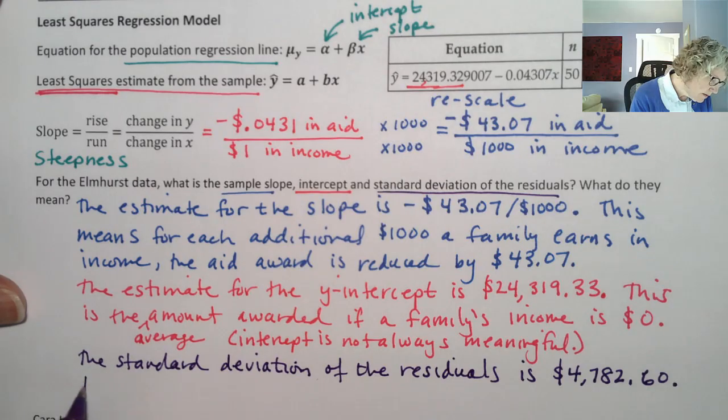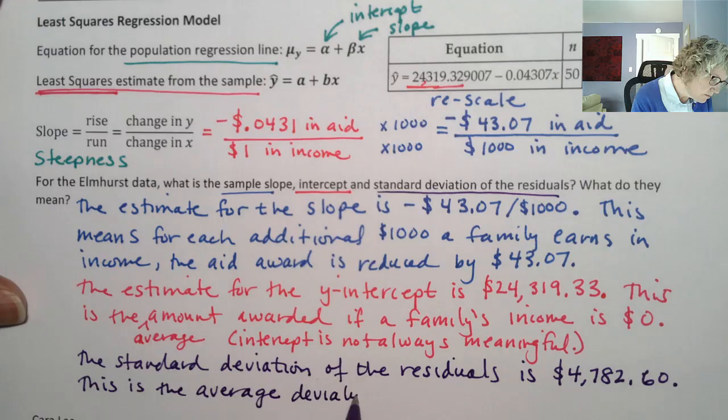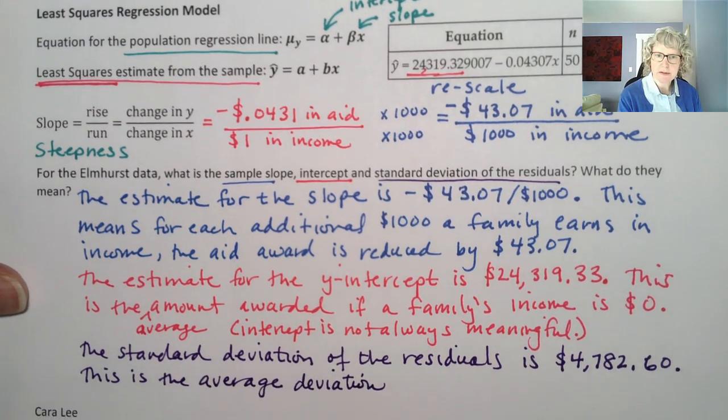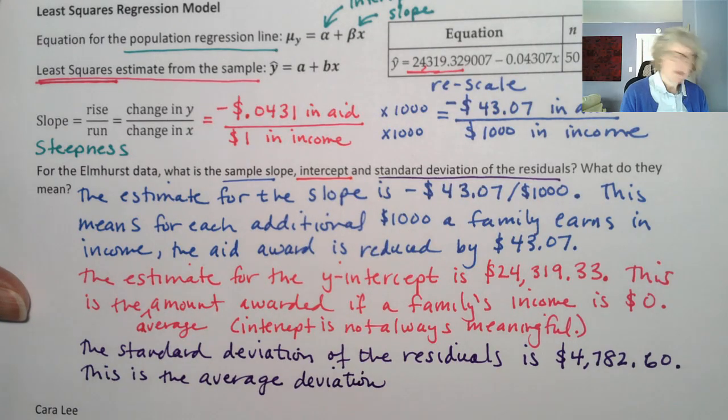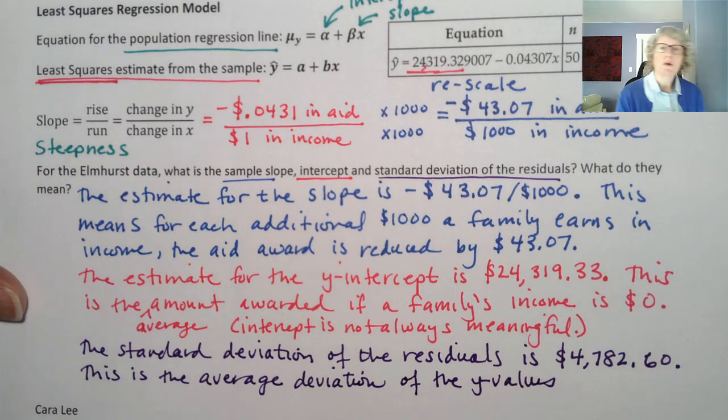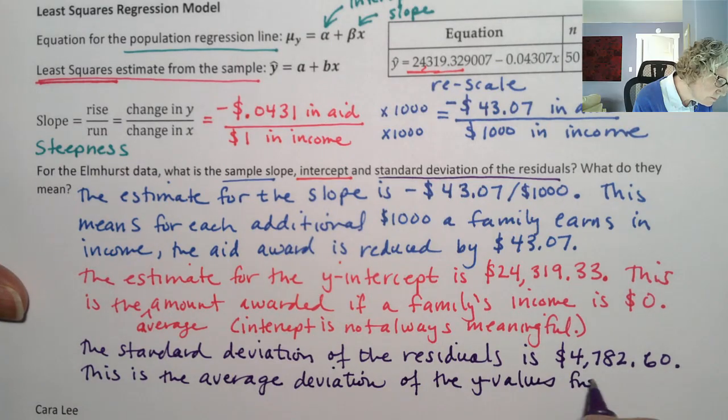What does this mean? This is the average deviation of the y values, or of the aid award, from the regression line, because that's what the residuals are.